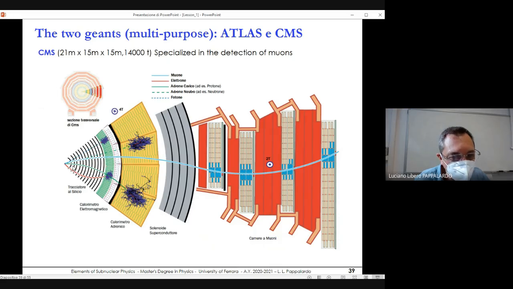Then we have the hadrons that leave the signal in the tracking and the hadronic calorimeter. We have neutral hadrons that only leave signal here, or photons that only leave signal in the electromagnetic calorimeter. And again, we have also muons that cross the detector and leave signal everywhere, including also the muon chambers, which are outside the magnet. This is the magnet.